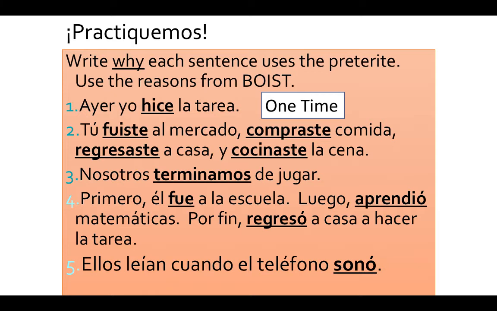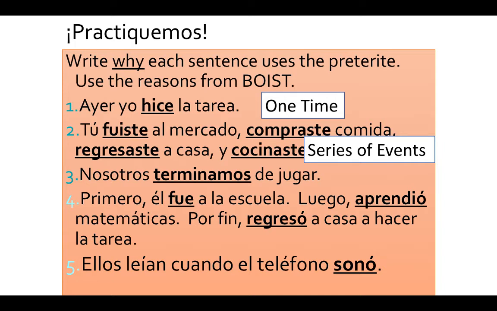Why might we use the preterite here? Hopefully you're saying T. There's a bunch of transitions in there. Or you might also say S, a sequence of events, which is probably the more correct of the two. You're seeing this series or sequence of events continuing. You went to the market, bought food, returned home, and cooked dinner.